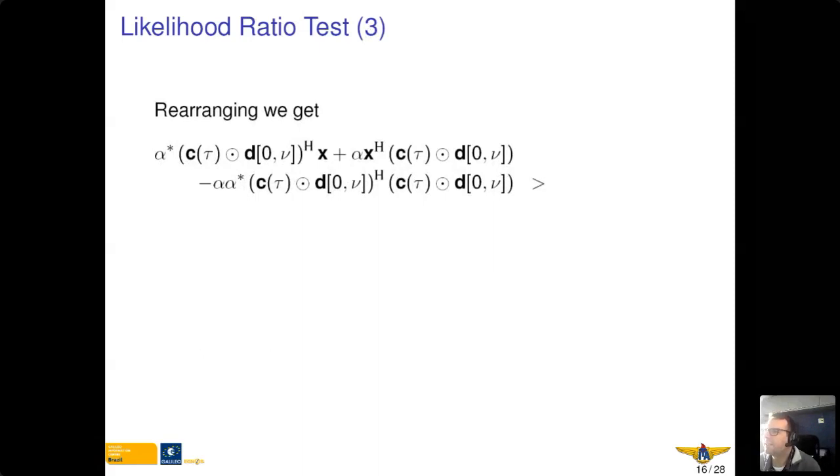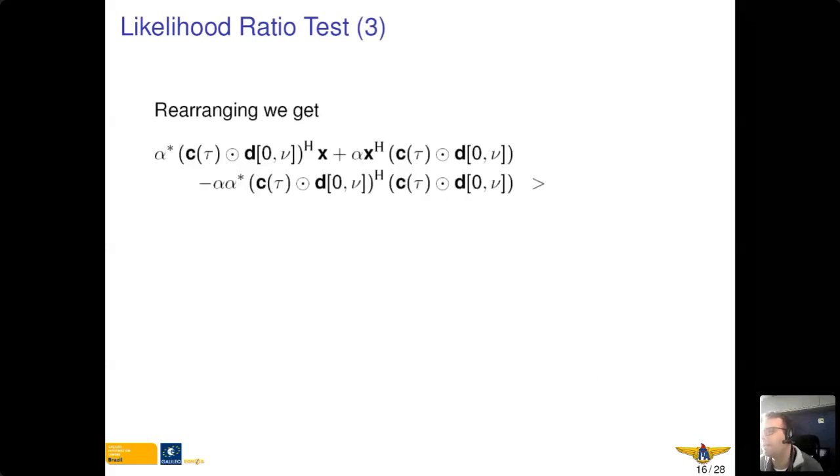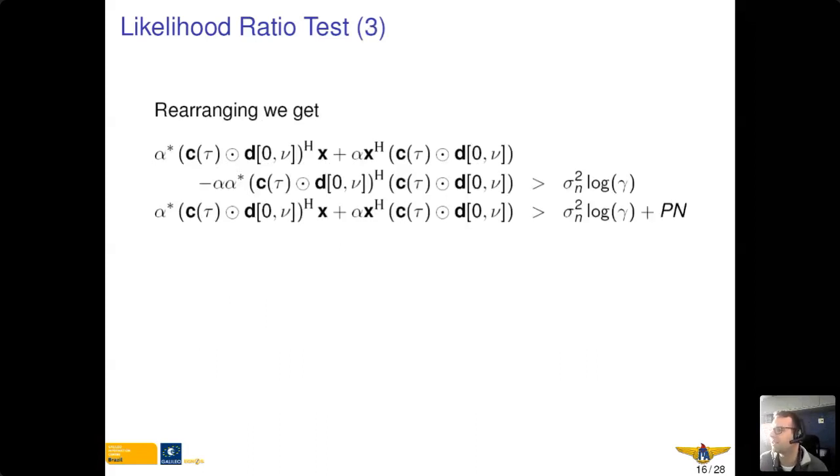Rearranging again, on the left-hand side we are rearranging the norms. We end up with this formulation larger than the threshold, and we can immediately reformulate this again.